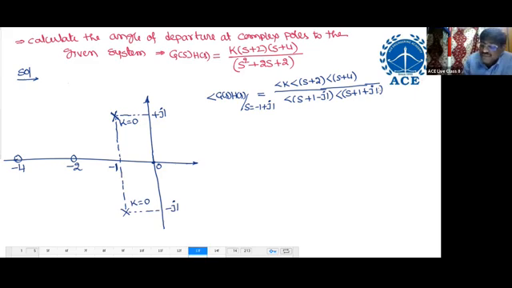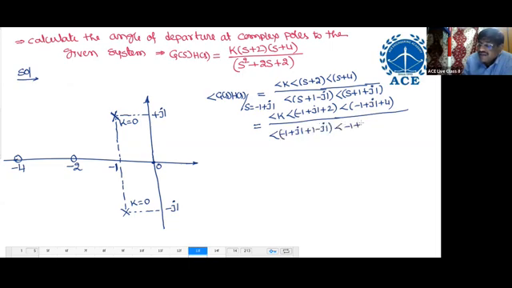Now come on, substitute -1 plus J1. Angle of K. Here substitute S equal to -1 plus J1 plus 2. Angle of -1 plus J1 plus 4. Angle of -1 plus J1 plus 1 minus J1.